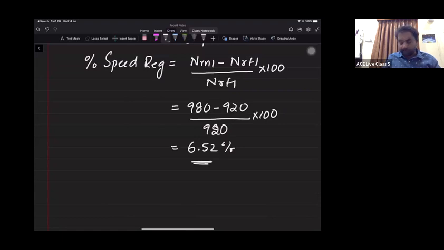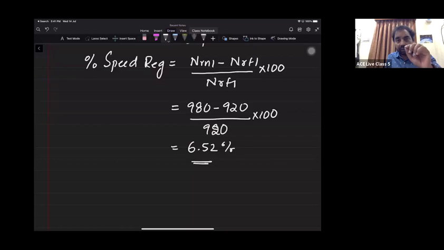Right, done. So can I say there is not much change in the rotor speed from no load to full load? So this change is very less. That means when compared to your 920 RPM, the change is only 60 RPM, right? So when compared to 920 RPM full load speed, the change is very less. So hence we can treat these motors also as constant speed motors.